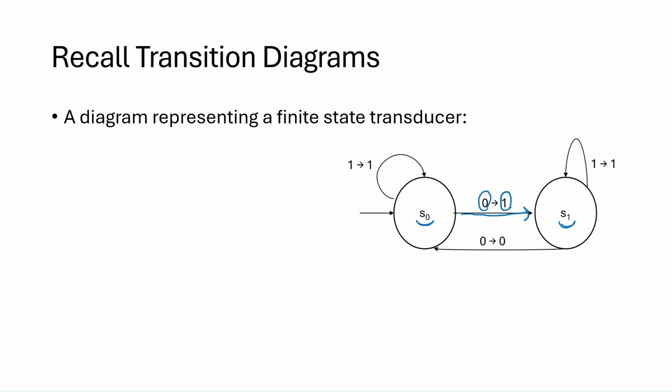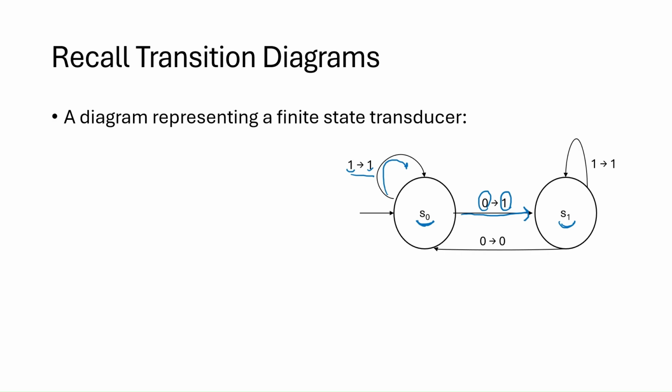Each edge is labeled such that the symbol on the left side of the arrow is the input symbol, and the symbol on the right side tells us what the machine outputs in that situation. For this edge, if the current state is S0 and the current input symbol is 1, then the output symbol is a 1 and the machine stays at S0.